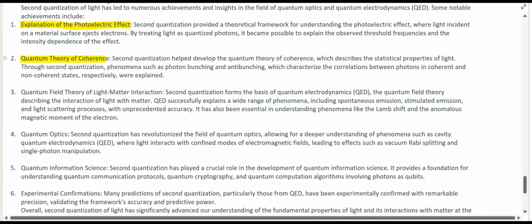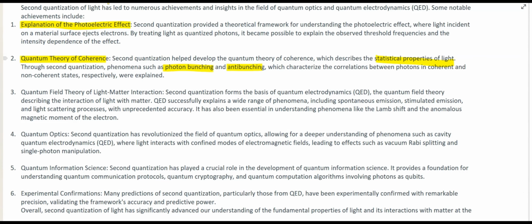Second quantization helped develop the quantum theory of coherence, which describes the statistical properties of light. Through this, phenomena such as photon bunching and photon anti-bunching, which we'll come to when we study photon statistics, characterize the correlations between photons in coherent and non-coherent states, respectively, which were observed in some experiments. They were explained using the second quantization of light.